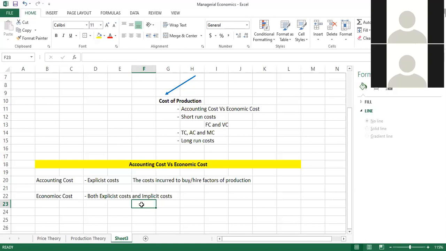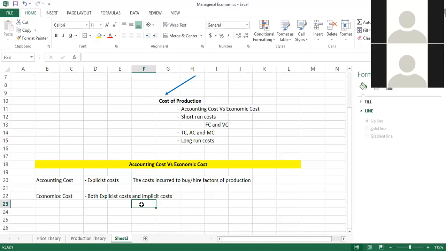What is the opportunity cost? If they are using their own building as the office, there is no actual cost, but there is opportunity cost. If they were not using their own building for this business, they could earn rent income from that building.